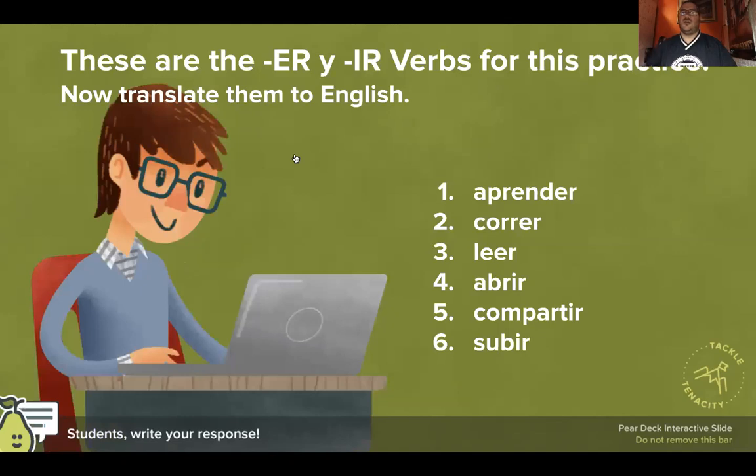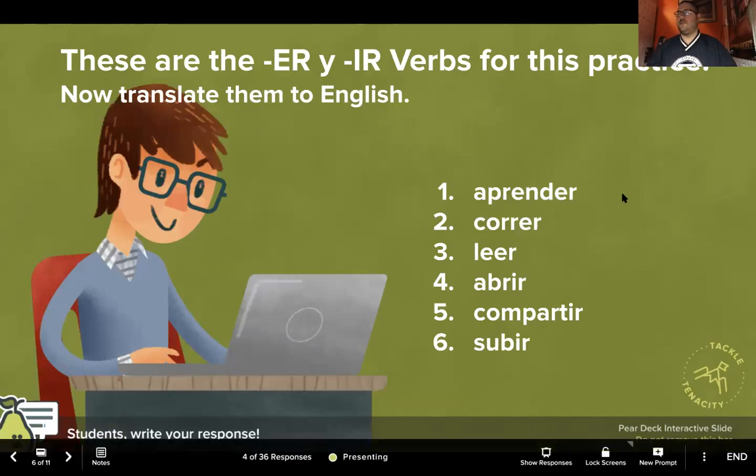These are the ER and IR verbs that we're going to use for this practice. And I want you to translate them into English. Take a minute and type in the English translation for these words. Okay, now that you've done that, let me show you the responses.